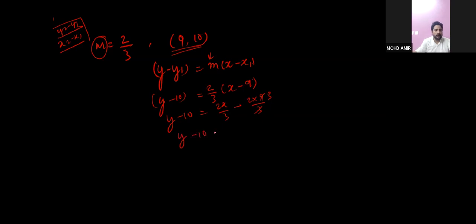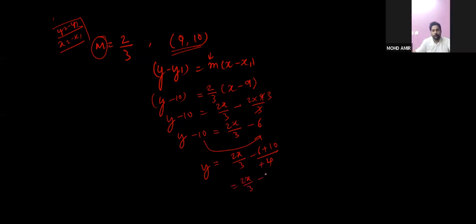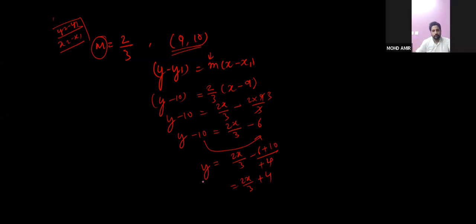Y minus 10 will be equal to 2x over 3 minus of 2 3s are 6, when we transport here it will become positive, so it will be like y is equal to 2x over 3 minus 6 plus 10, and it will give us positive 4. So it will be 2x by 3 plus 4.